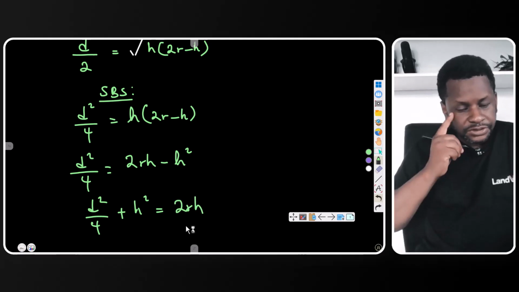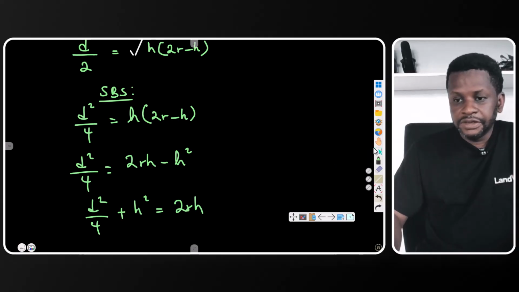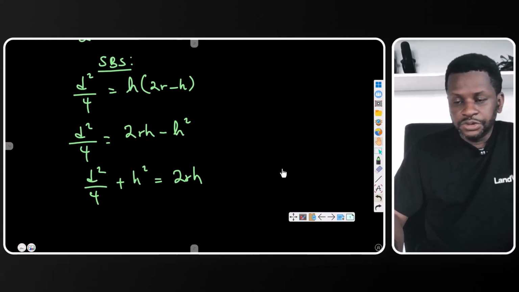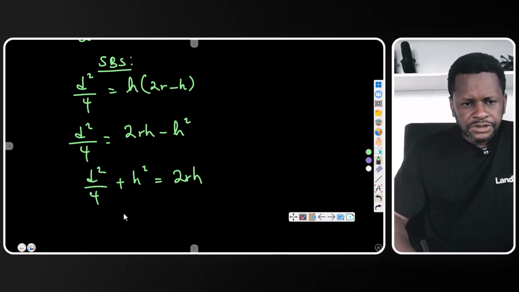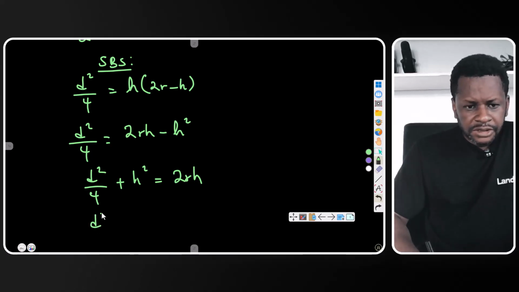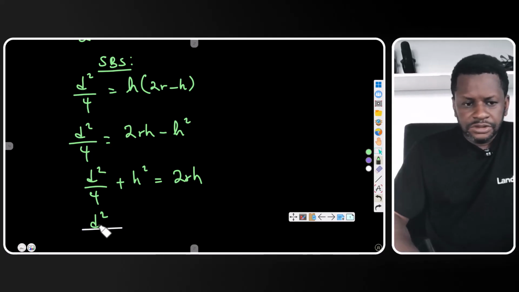Now, to get your answer, to make r the subject, you divide both sides by 2h. So that's going to give you d squared divided by 4 times 2, 8h.